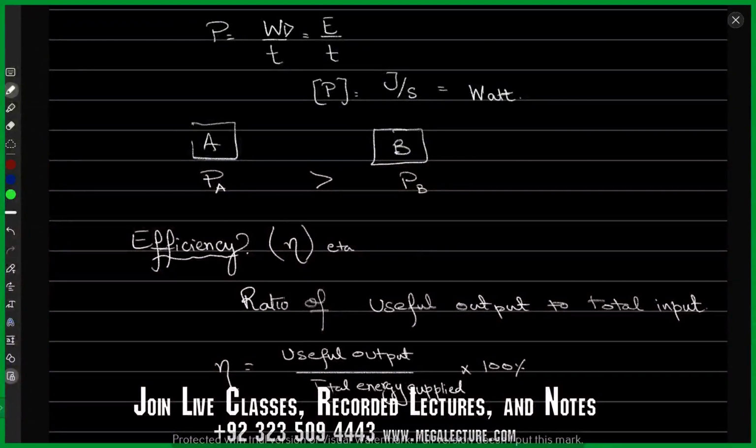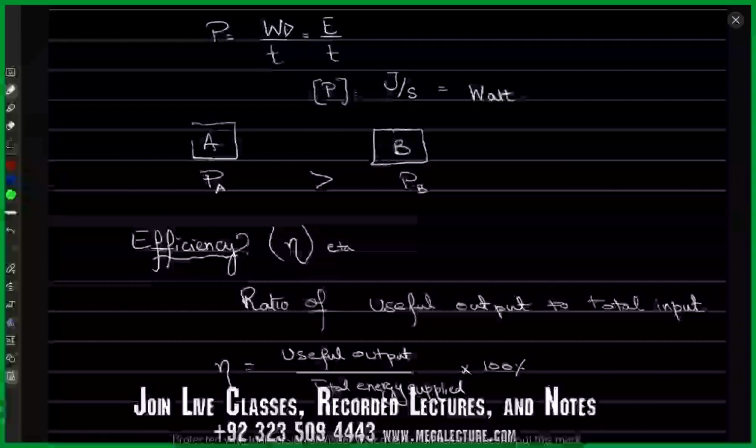Now that loss can be due to friction, or any other sort of thing, right? So due to friction, you can get losses like sound, you can get heat, and so on, right?